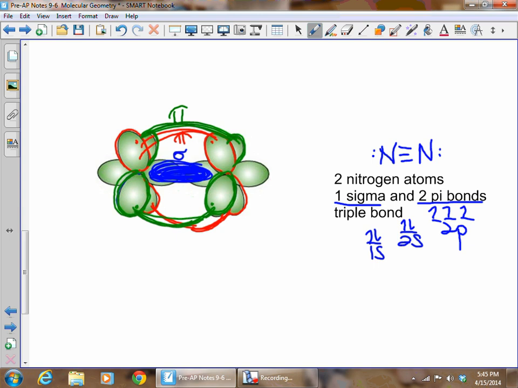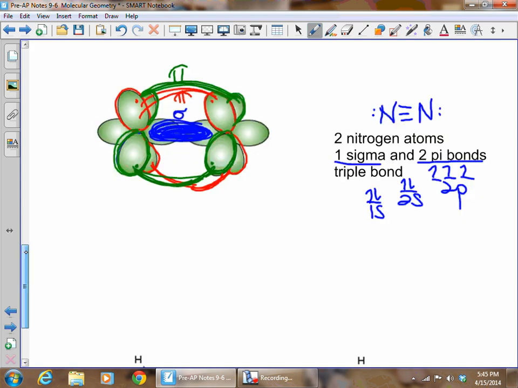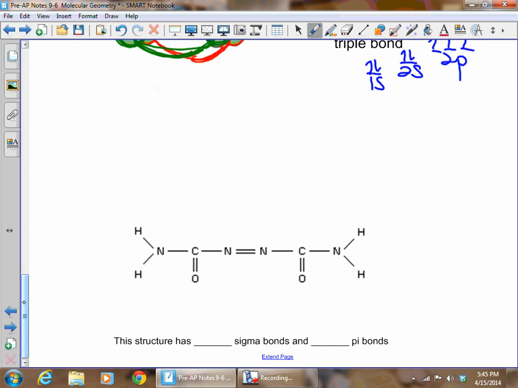So what do I expect you to be able to tell me out of this? I expect you to be able to look at a structure like this and analyze that structure and tell me how many sigma bonds and how many pi bonds that structure would have. So looking at this, I'm going to mark all of the sigma bonds with blue. So there's 1, 2, 3, 4, 5, 6, 7, 8.